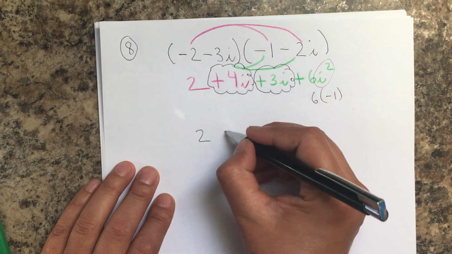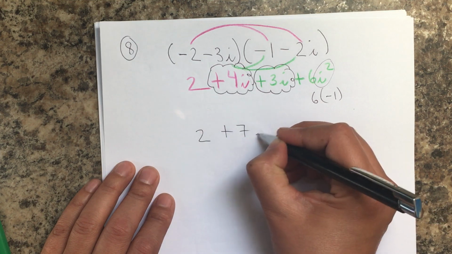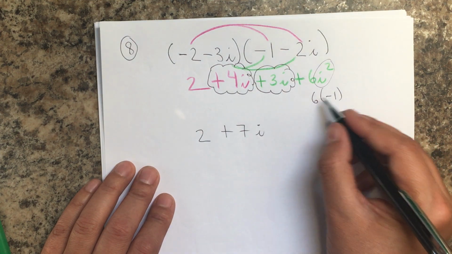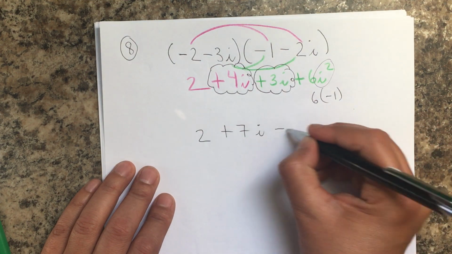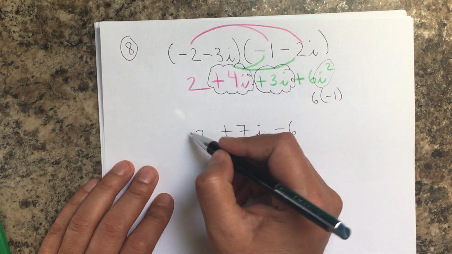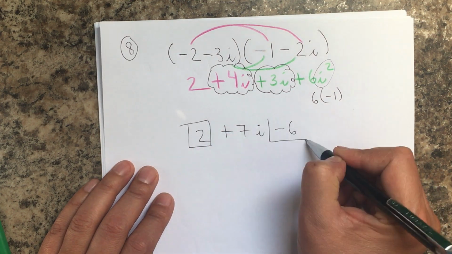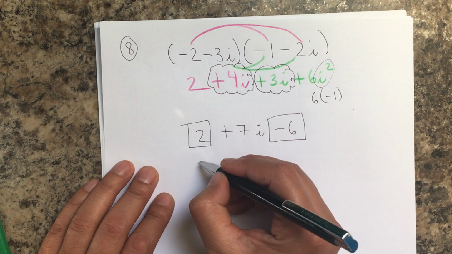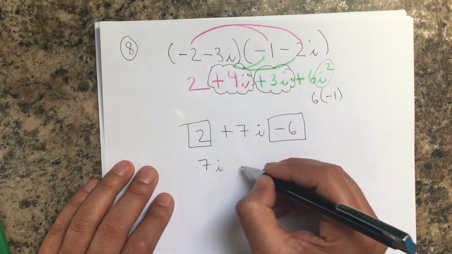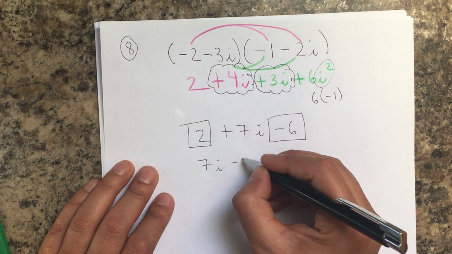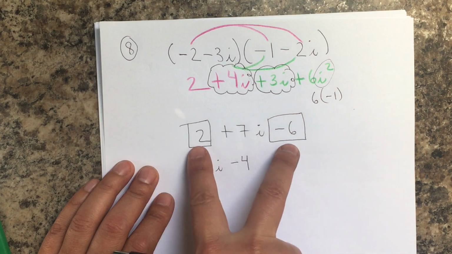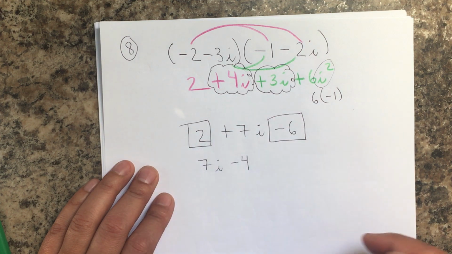Both are positive, so it's going to be positive 7i. And 6 times negative 1 is negative 6. We combine the constant numbers, and so I have 7i and negative 4. Why? Because different signs we subtract and leave the sign of the greater one.